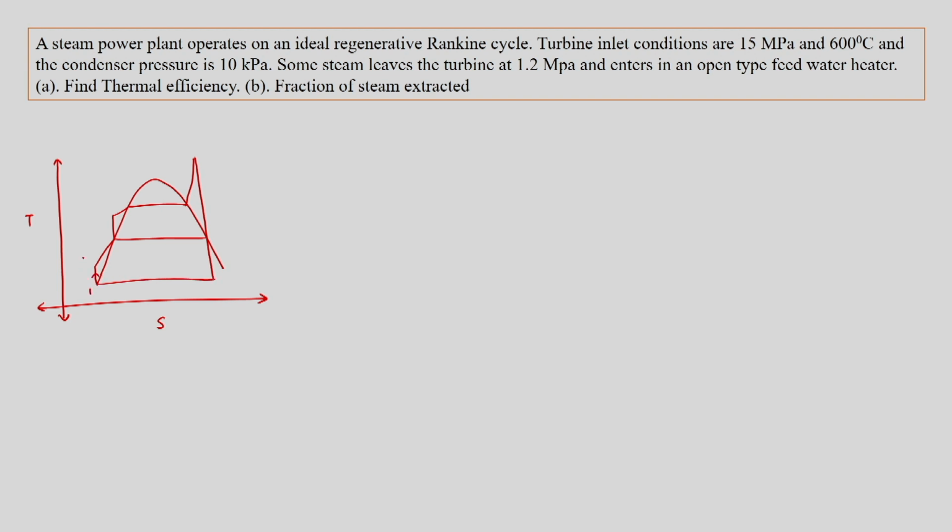So this is 1, 2, 3, 4, 5, 6 and 7. We will say that Y is the fraction given to the feed water heating. So, we will have 1 minus Y in the rest of the turbine and 1 minus Y in the condenser.